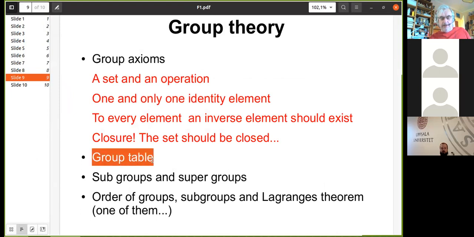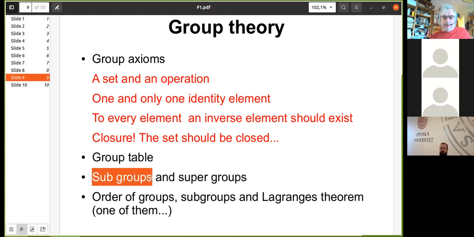Group table. There are some practicals listed in the lecture notes in the first chapter. There are also subgroups. For example, in a 4th order group, there is a possibility to have a similar structure in several.